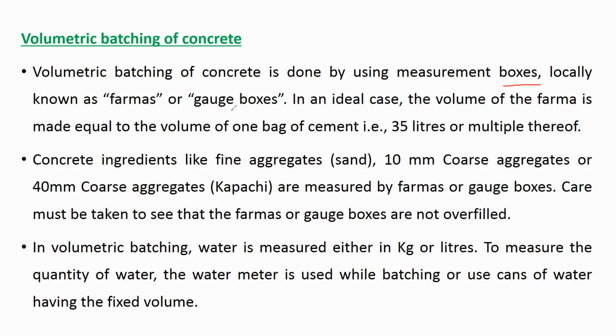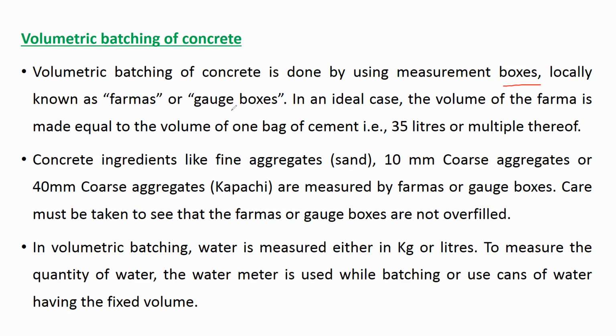So to prepare the concrete for one bag of cement, according to how much fine aggregate or coarse aggregate is required, the size of the pharma will be prepared. If the pharma is for one bag of cement, it will be of 35 liters.